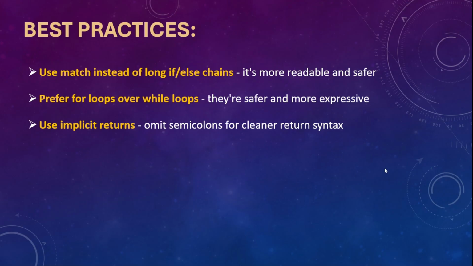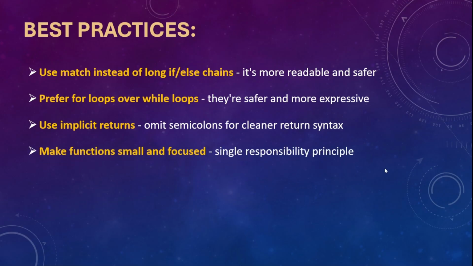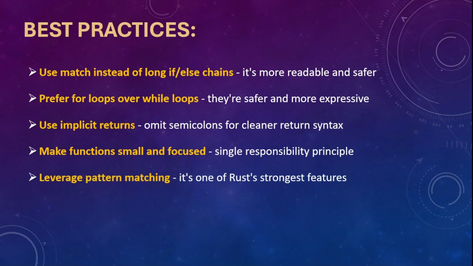Keep your functions small and focused so that you can manage all of your defined functions, and also you can relate it to the single responsibility principle for your better code base management, and try to use the pattern matching as best as possible in your code.